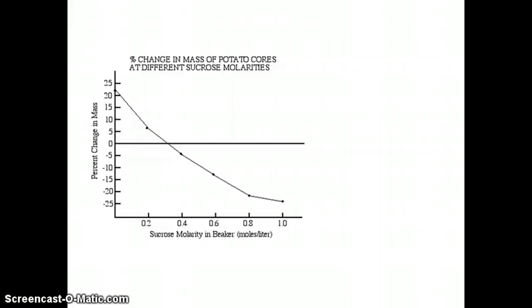And that was at 0% change in mass, meaning that there was no change from the initial mass of that potato core to two days later. And so that means that the cell is at dynamic equilibrium with the surrounding solution.